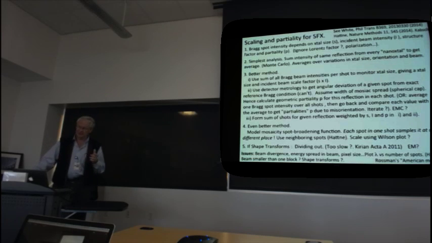You should understand that on a single snapshot, you see the angular width of the Bragg reflection sampled at a different point in each Bragg reflection, because the Ewald sphere cuts the same angular profile at different points in each Bragg spot. Yeah?